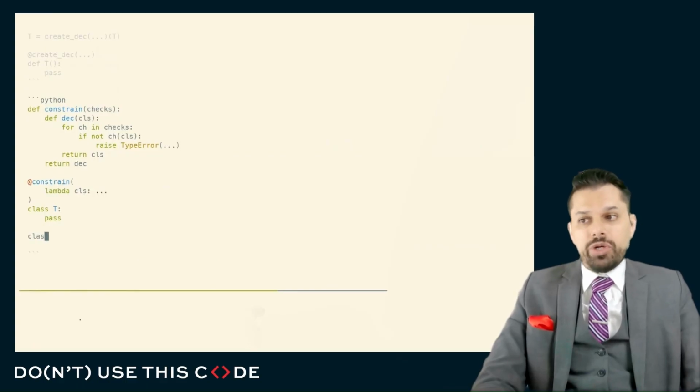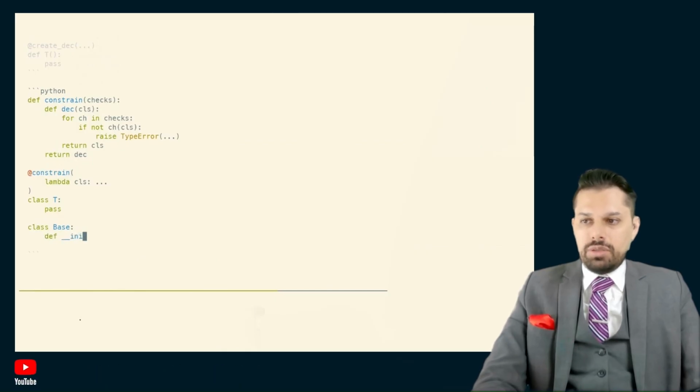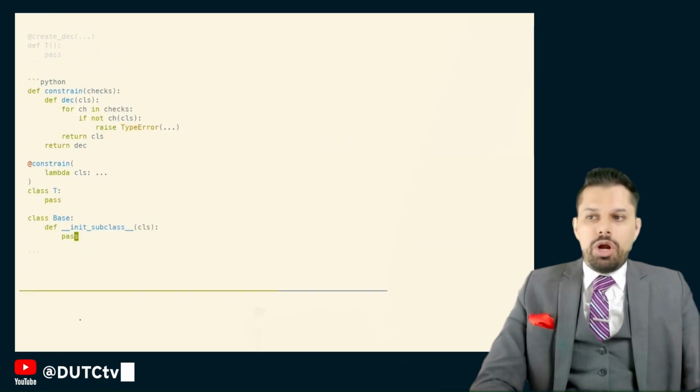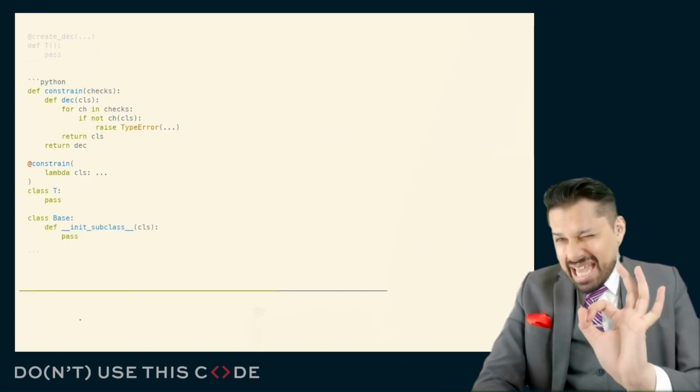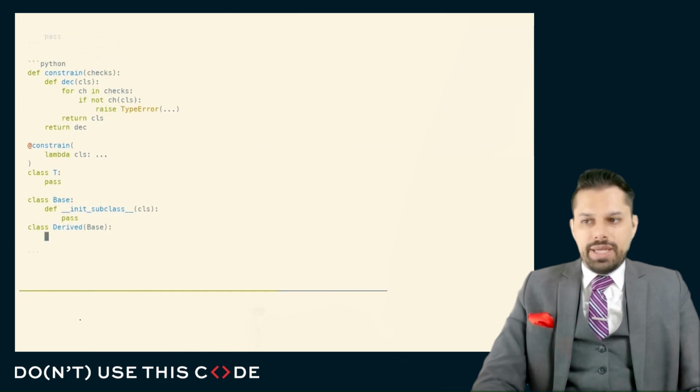there's really no way for us to parameterize these constraints, because if you think about how the init subclass approach looks, or even the metaclass approach, there are no keyword arguments here, except sort of there are, because when we implement this, init subclass can take keyword arguments and positional arguments.